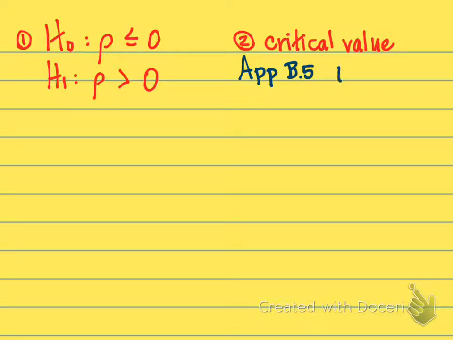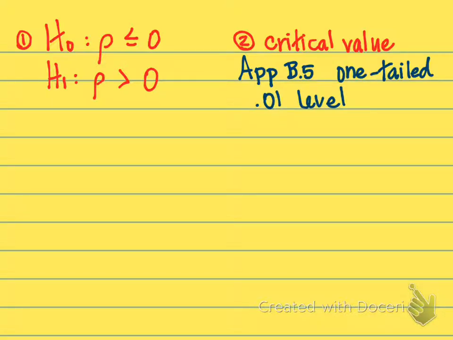This is a one-tailed test, okay, because it's greater than or less than. So we're looking at a one-tailed test. So you go to the column for one-tailed test. Remember, our significance level was 0.01. And we'll go down.